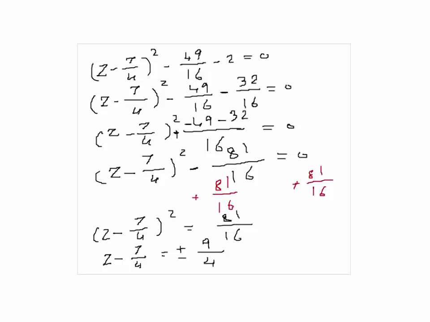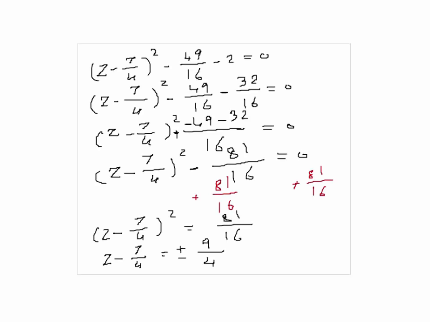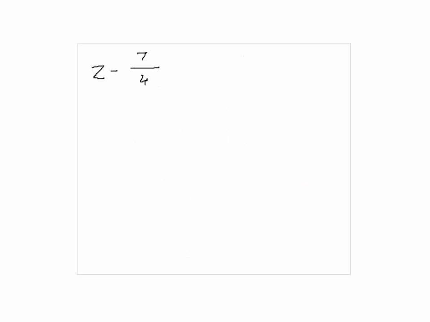I need more space, so I'm going to switch to the next page. So here I will have z minus 7 over 4, and this equals plus or minus 9 over 4.